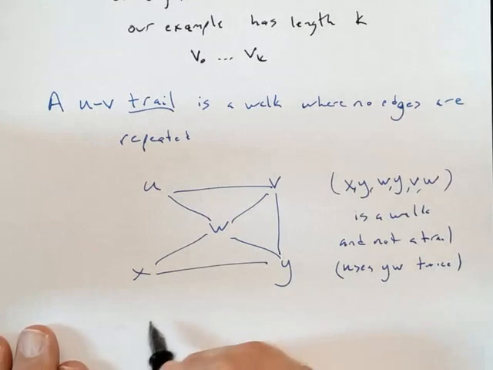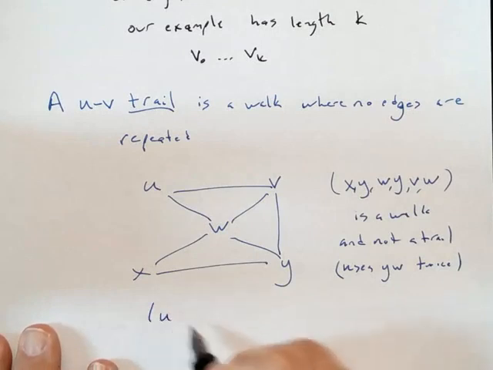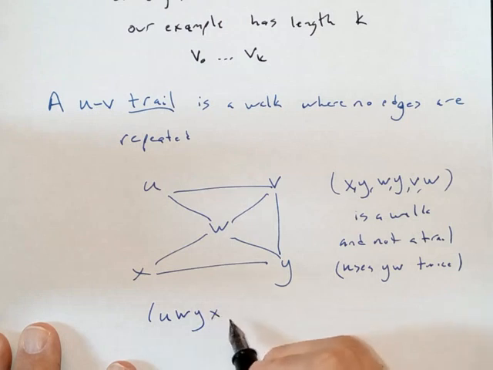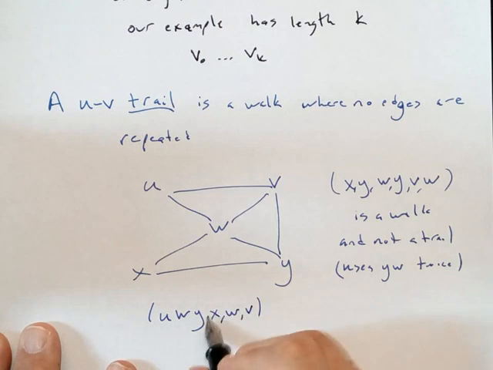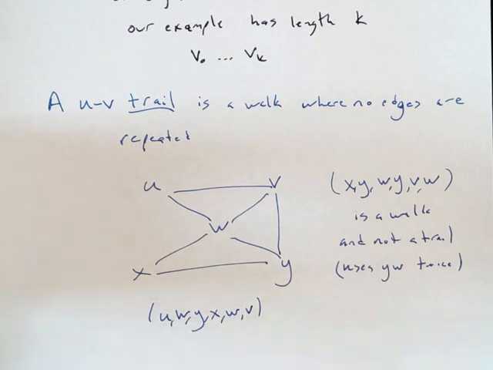On the other hand, U, W, Y, X, W, V. I think that's a trail. Is it?